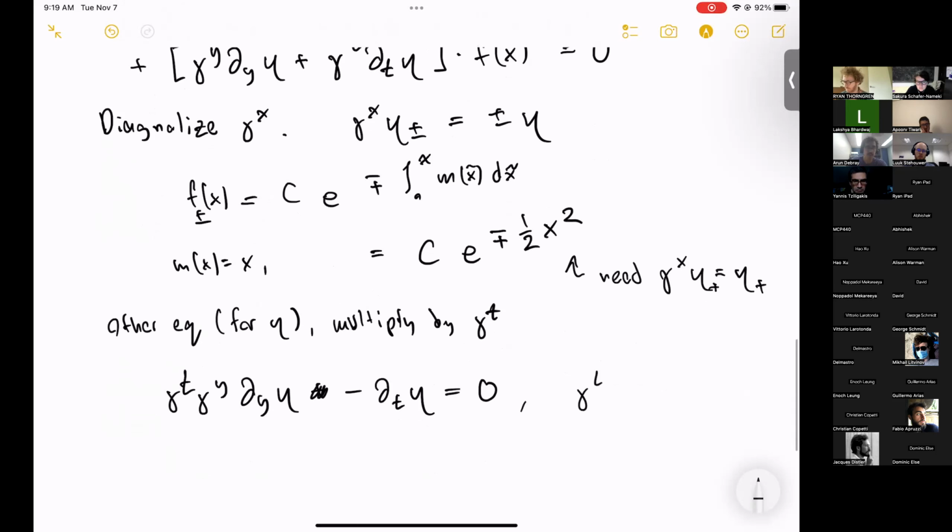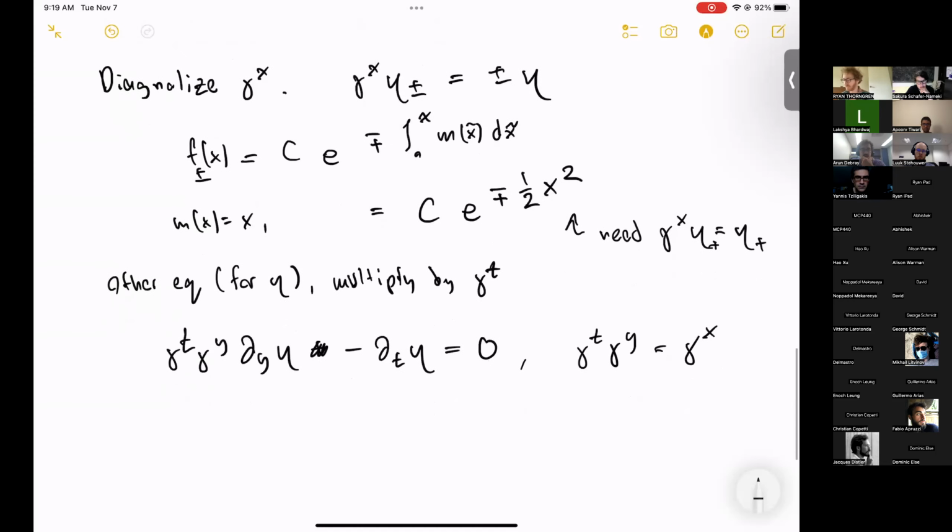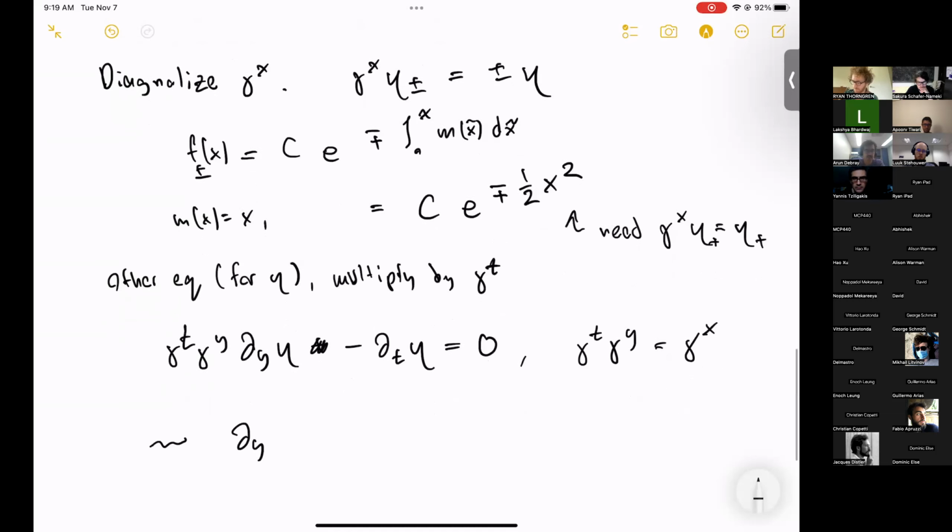But now gamma t gamma y is gamma x. I'm not being too careful with signs here. You can work out the signs if you really want to. So remember, we chose eta to be an eigenvector. So what we're getting is this equation, for one component of the eta. So we have one real component satisfying this equation. So this is a chiral Majorana.